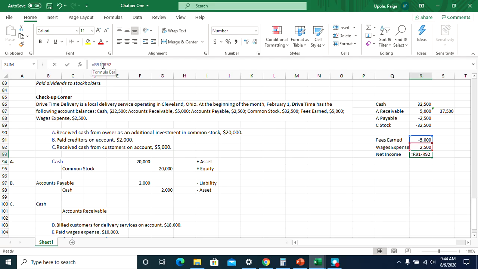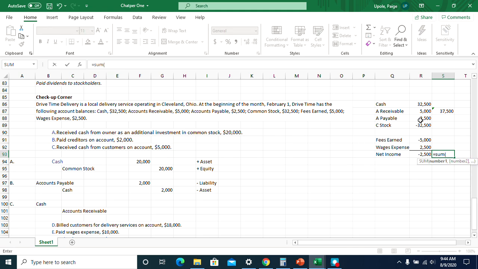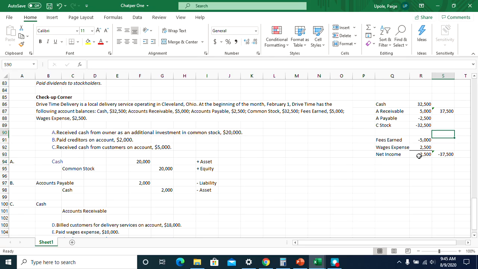Incomes and revenues are always recorded as credit balance. So we have a liability, an equity, and then we have our net income so far. Notice that this number equals this number.